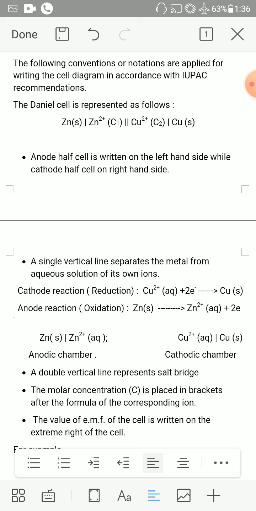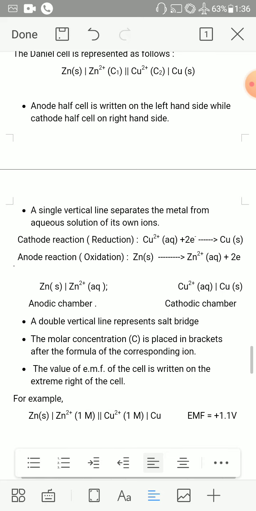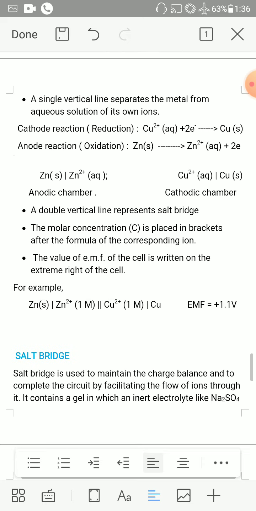That is zinc solid, single vertical line, Zn2 plus ion. Zn2 plus ion means ZnSO4. The concentration of Zn2 plus ion is C1 here, that's why you have to write C1 within the first bracket. So a single vertical line separates the metal from the aqueous solution of its own ion.